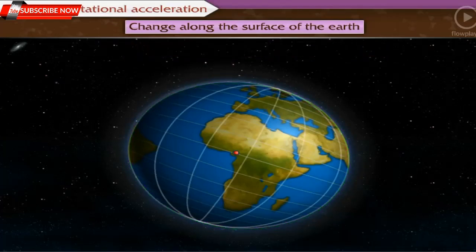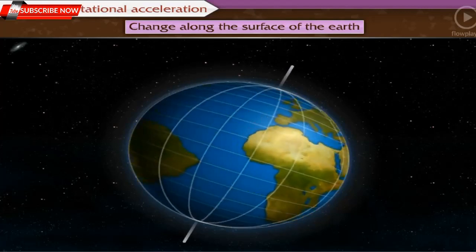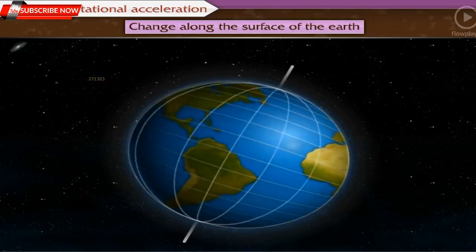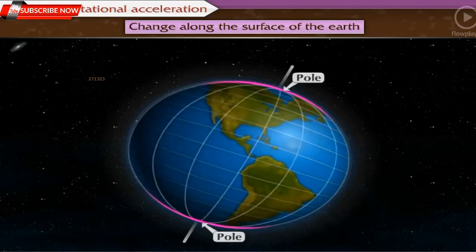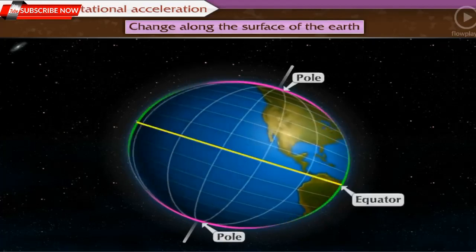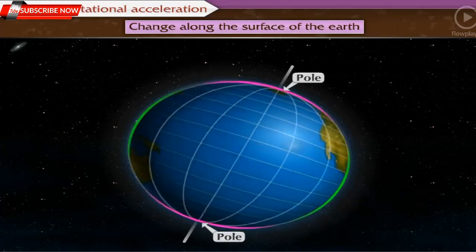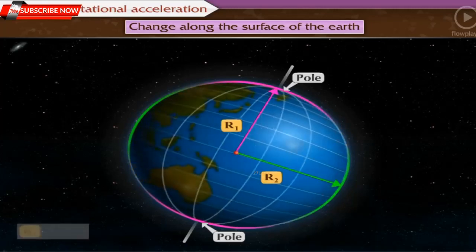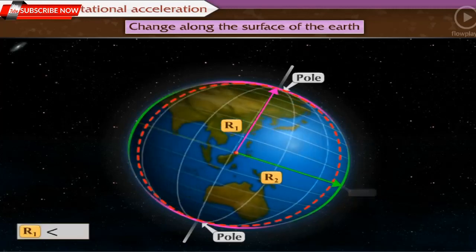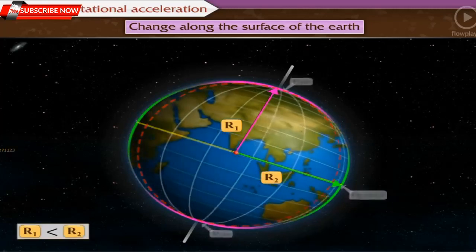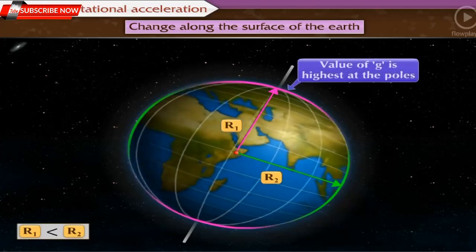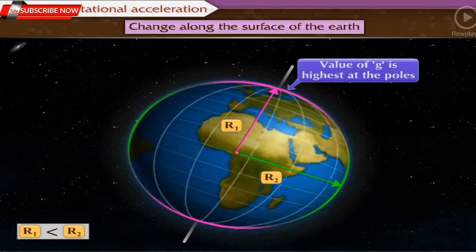Therefore, the distances between different points on the surface of the Earth and the center of the Earth change from place to place. Since the Earth rotates about its own axis, the Earth is flatter at the poles and bulges at the equator. That is why the radius of the Earth is smallest at poles and largest at the equator. Therefore, the value of g is highest at the poles.